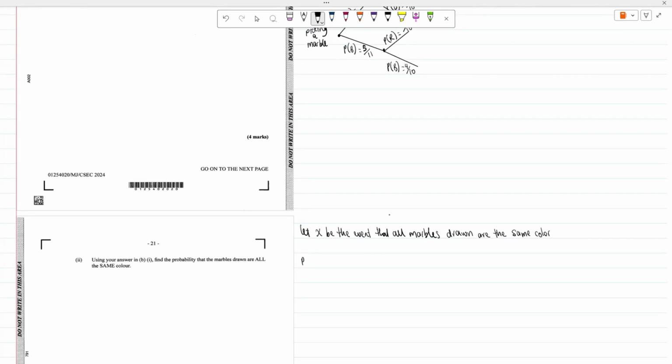So the probability of X is going to be the probability of red and red plus the probability of black and black, which is equal to the probability of red multiplied by the probability of red plus the probability of black multiplied by the probability of black.